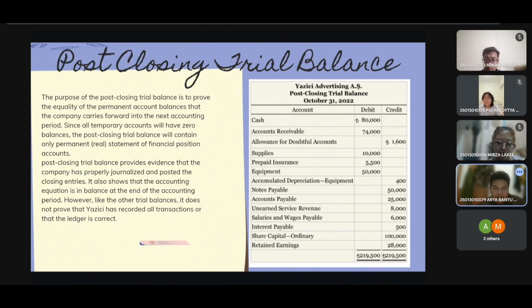Since all the temporary accounts are zero, we know whether the company has a profit or loss. The post-closing trial balance is also evidence that the accounting records are balanced at the end of the period.